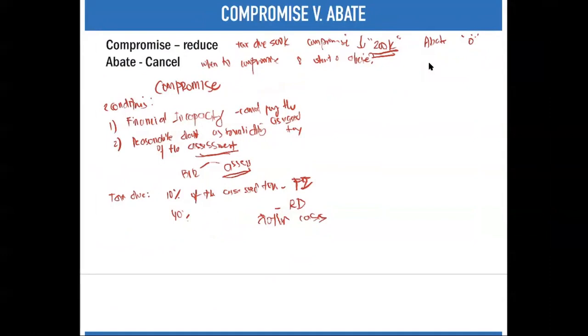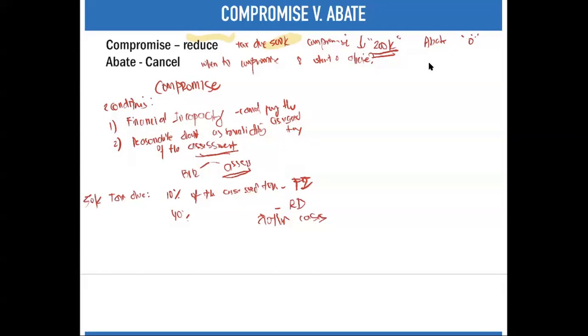So if our tax due in our example is 500,000, and that is financial incapacity, your minimum compromise settlement is 10% of the basic assessed tax. So 50,000, that's 10%.